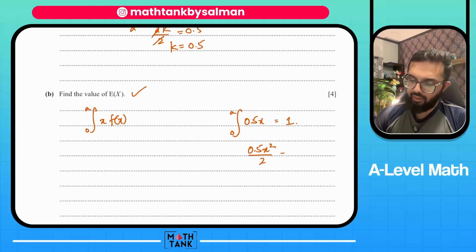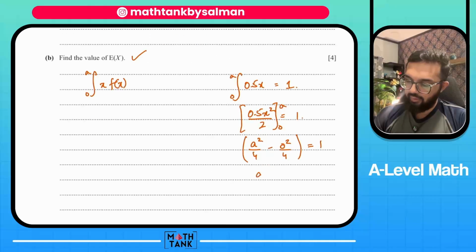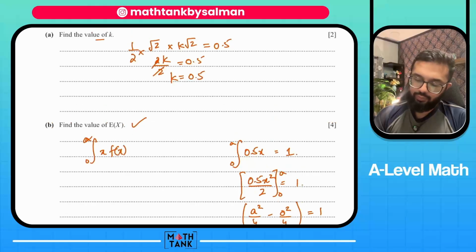I'm going to first calculate a so that it simplifies my calculations. So that's a squared over 4 minus 0 squared over 4. Okay, a squared is 4, a is therefore 2.